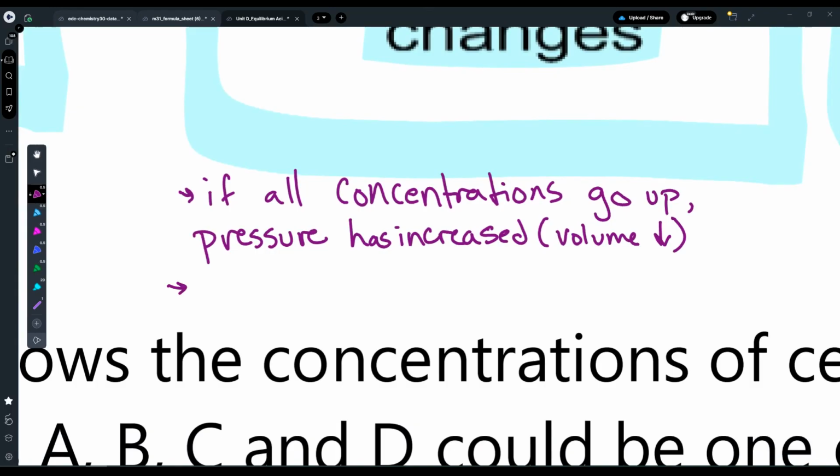Alternatively, if all of the concentrations go down, that tells you that pressure has decreased and volume has increased.